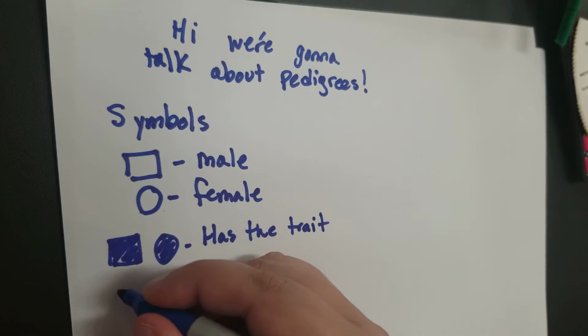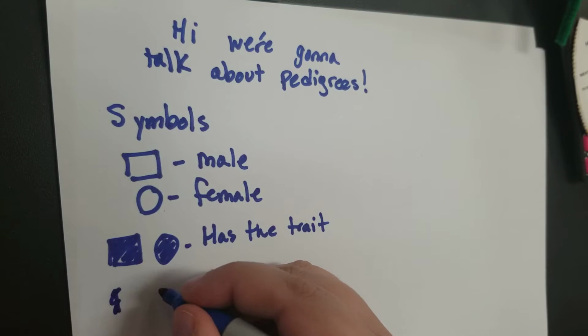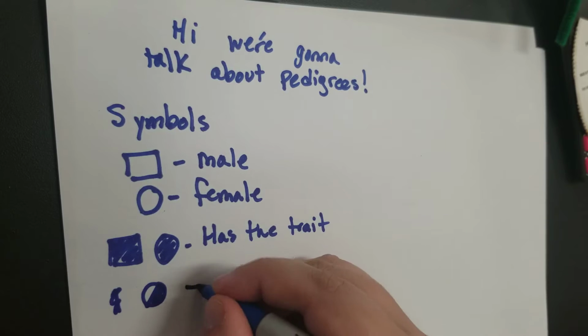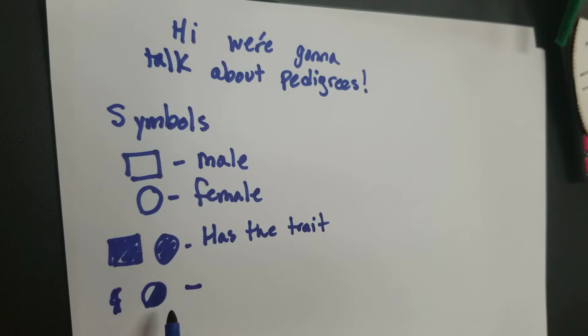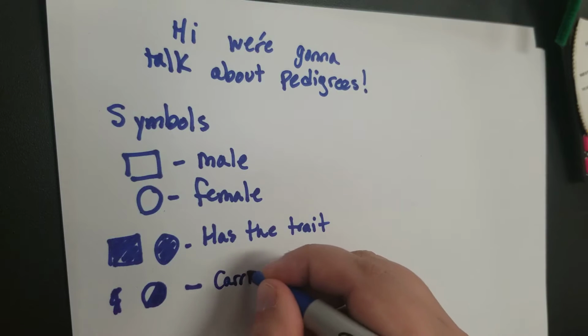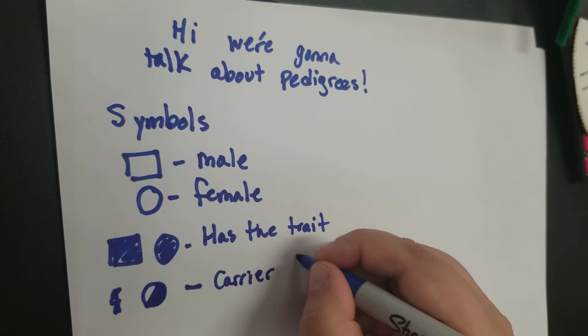If you have a circle that is half shaded in, then that is a carrier female.